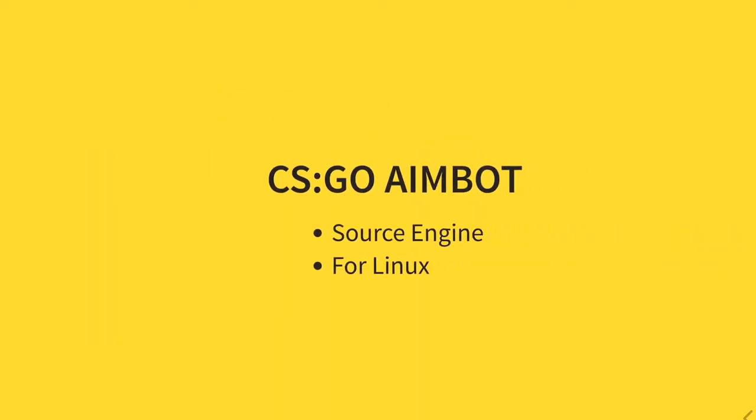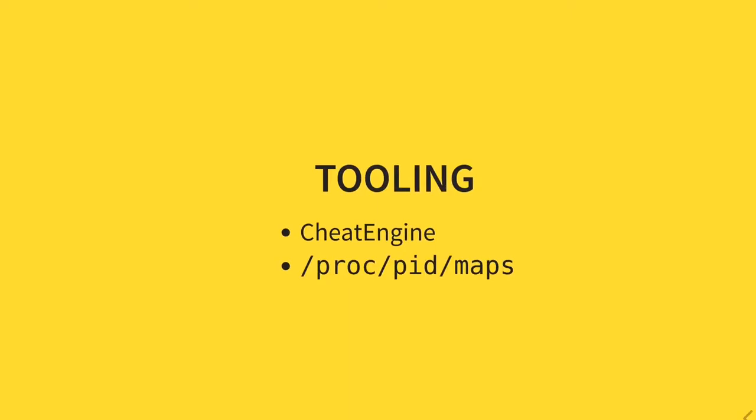The other hack I've created is an aimbot for Counter-Strike: Global Offensive, for the Linux version of it. You need some tooling to make all this game hacking stuff work. You need Cheat Engine and you need access to the proc maps file of this game so you can see where shared objects are being loaded into.